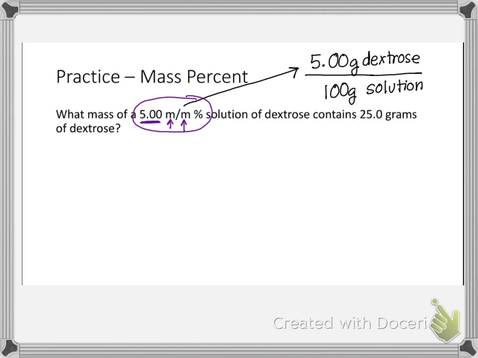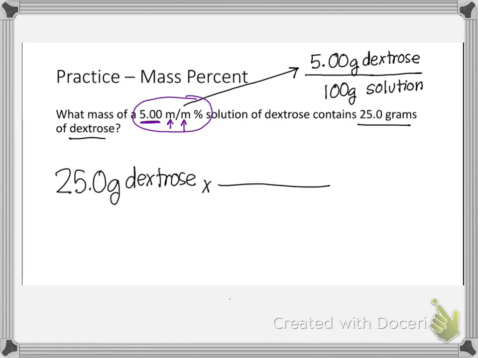So 5% would say I have 5 grams of dextrose in 100 grams of solution. Now, I look at what they gave me. They said, okay, you have 25 grams of dextrose. How much solution do you have when you have 25 grams of dextrose?